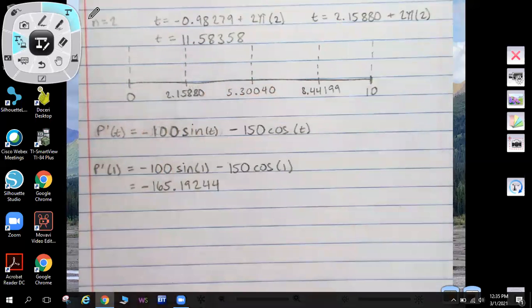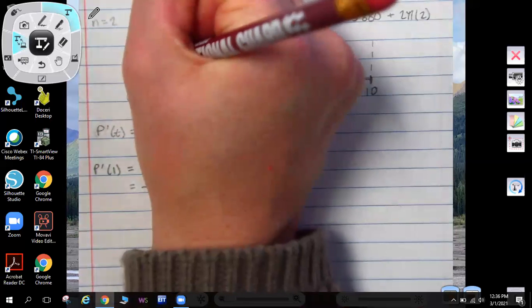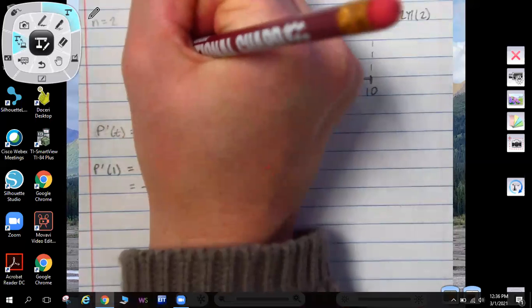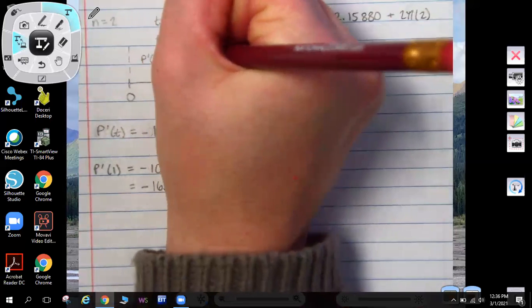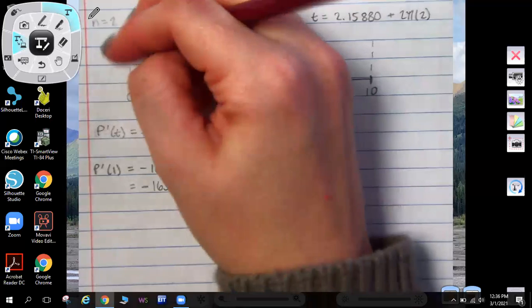All we really care about is whether this is positive or negative, because the question that's being asked is, when is the amount of money increasing? So we know in this first interval, we get a negative. I'm not gonna write that.